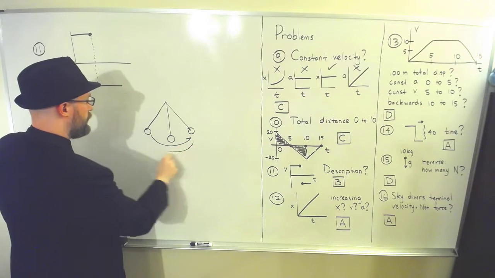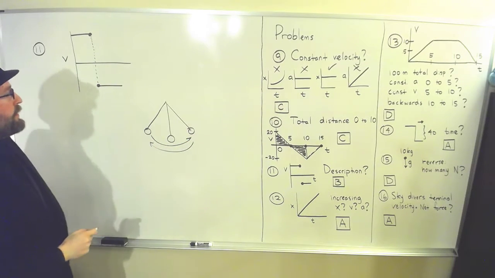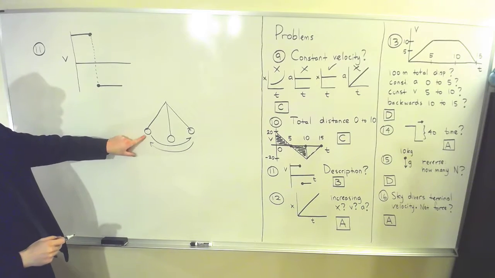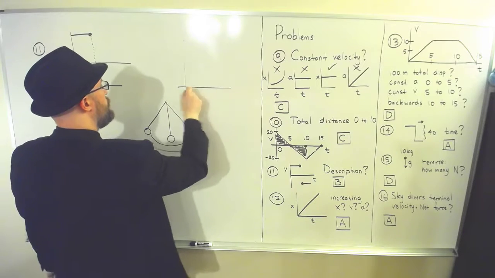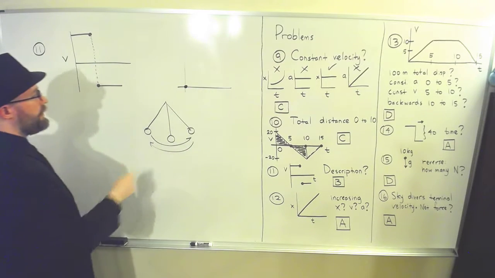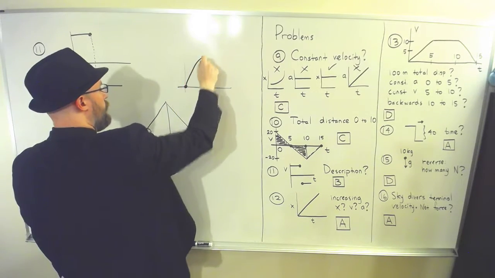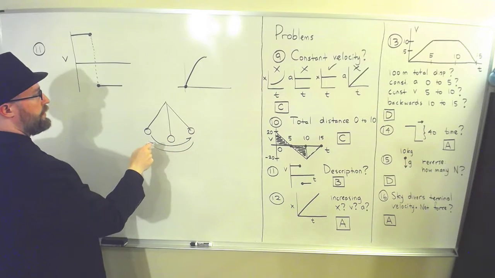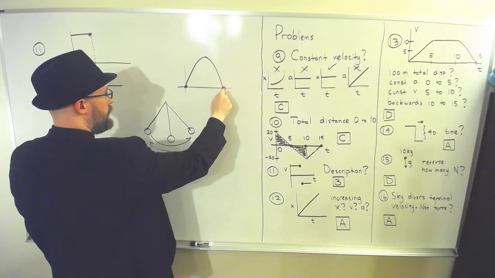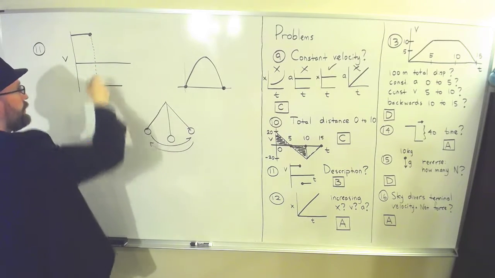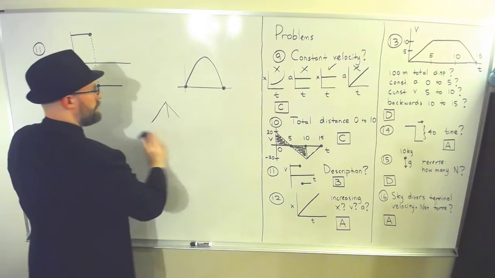So it's going here, and then it's going back. When it gets out to this point coming this way, it stops, and so there the velocity would be 0. And then the velocity would be increasing for a while, and at the bottom it's going the fastest, and then the velocity is going to decrease going this way. And so that would look totally different than what this does.